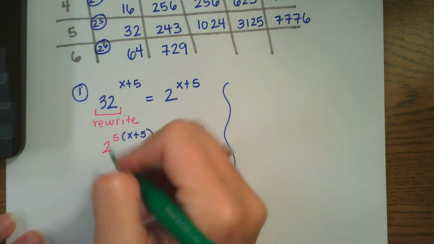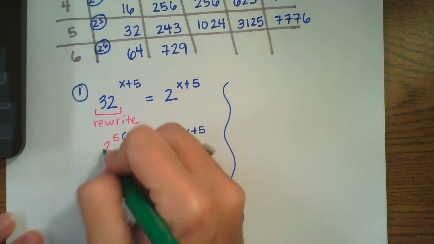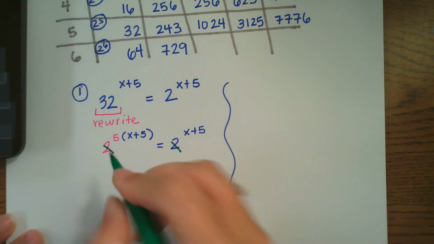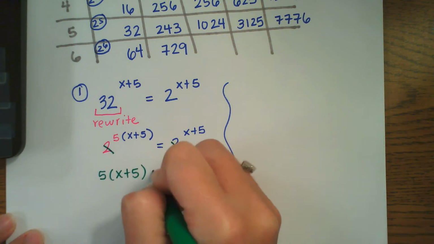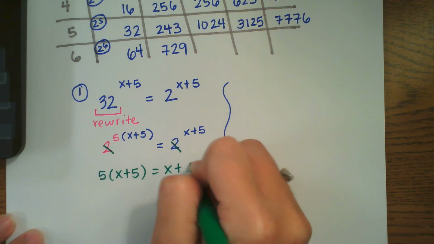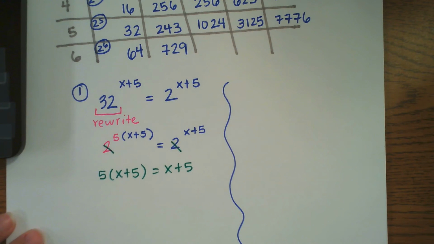All right, once I get these bases the same, I can set the exponents equal to each other and solve.